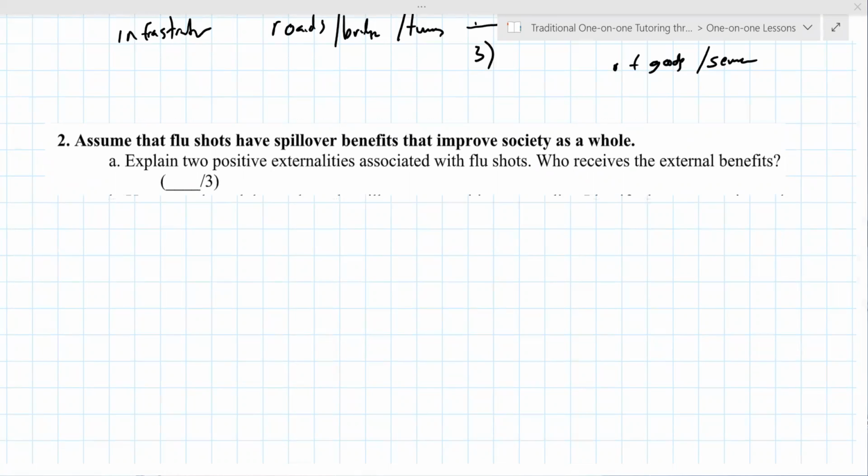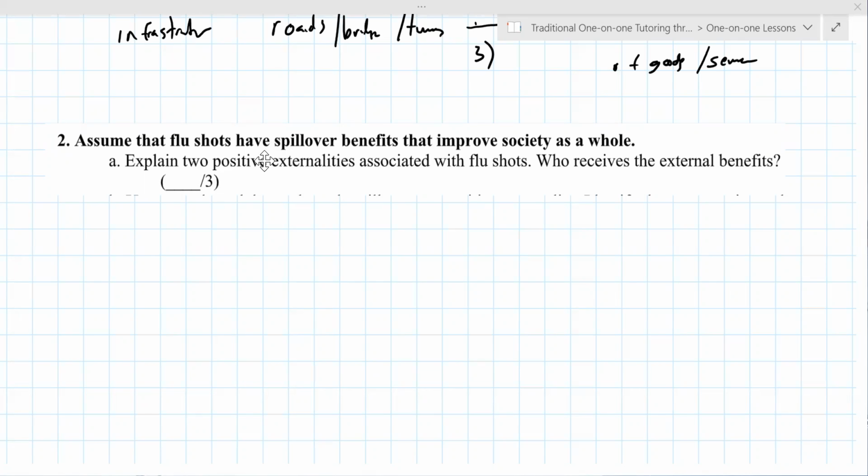That I do remember. A positive externality is something that affects someone outside of the consumer or the producer, like a third party, in a positive way. Yeah. So if you get a flu shot and that keeps your sister from getting the flu, that's a positive externality.